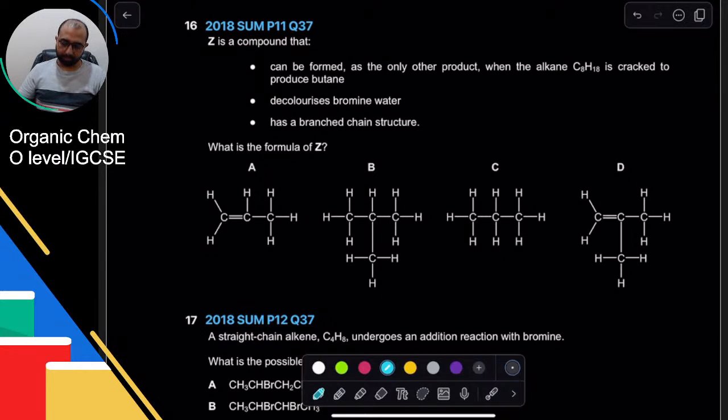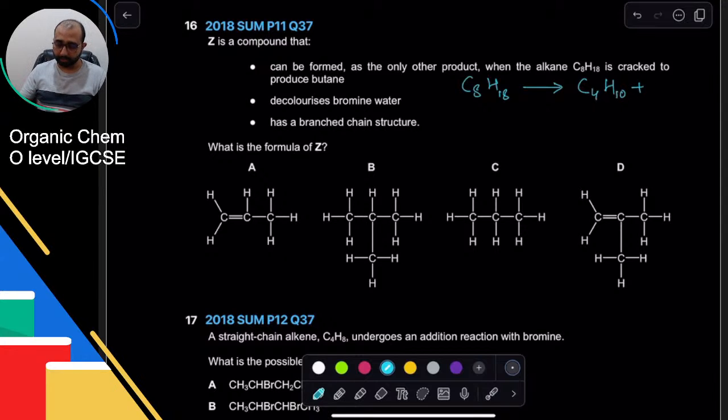Z is a compound that can be formed as the only other product when the alkane C8H18 is cracked to produce butane. What that means is that C8H18 is breaking down, giving you butane, which is C4H10. How do I know? I know the alkane formula, CnH2n+2. C8H18 is given.